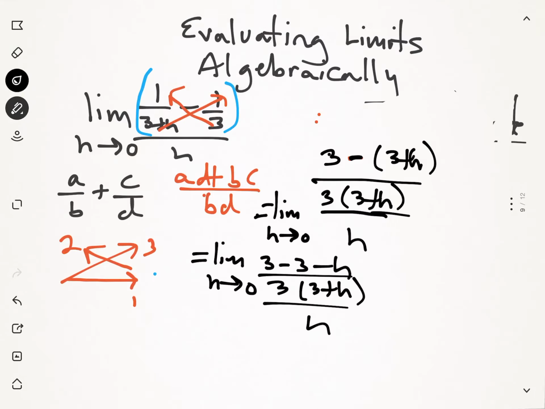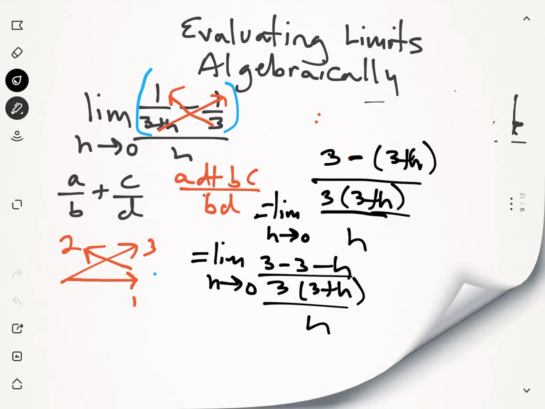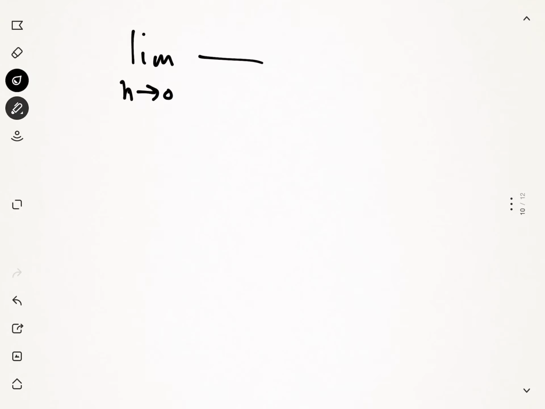The limit as h goes to 0, and we're going to write 3 times 3 plus h, or minus h, and I have an h down here. So our fraction is still in the numerator.